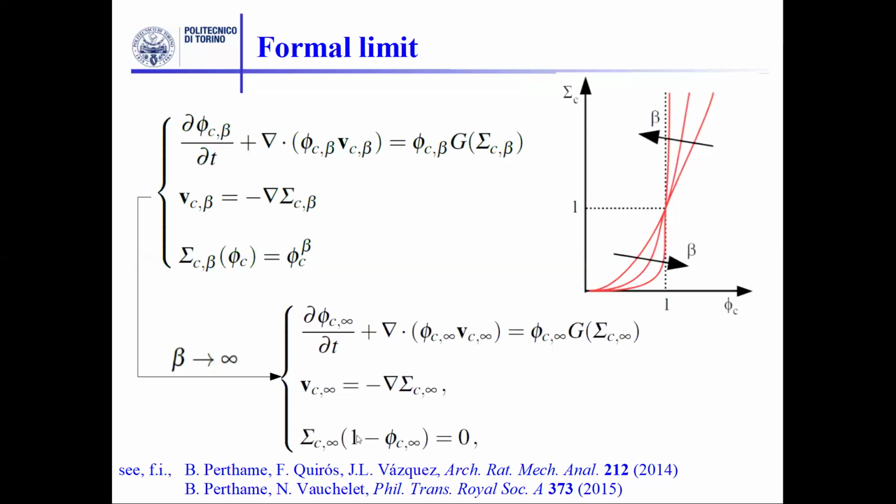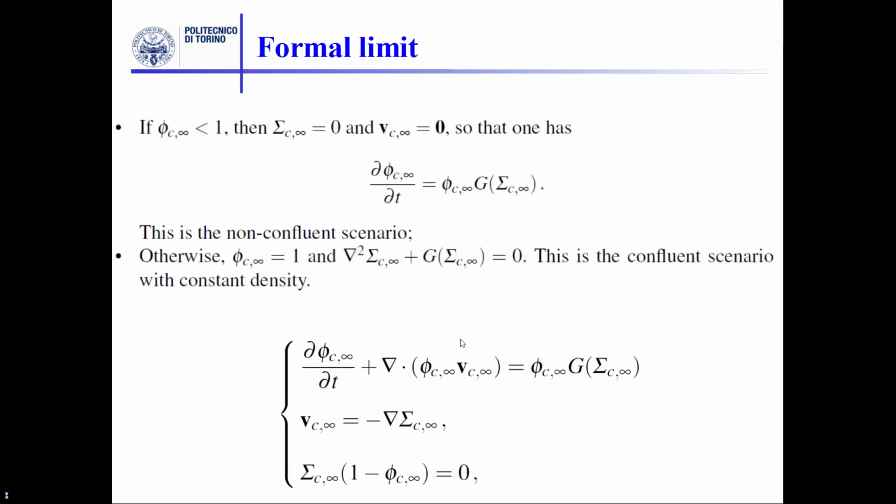That is, the volume ratio is constant, equal to 1. Okay, this is the statement of the problem. If phi c is less than 1, then the stress is equal to 0. You are in what can be called a non-confluent situation. Nothing is moving because sigma is equal to 0, so the gradient is equal to 0.